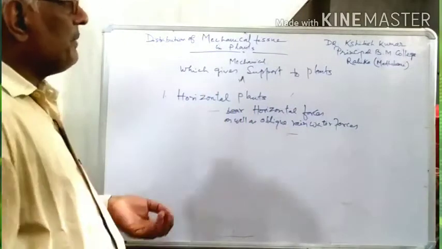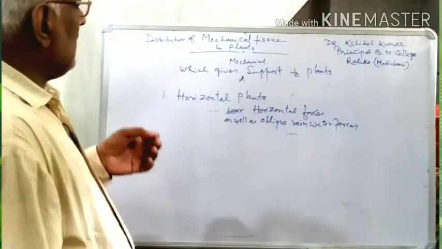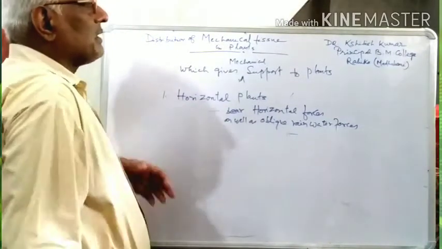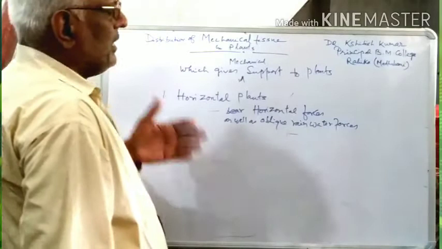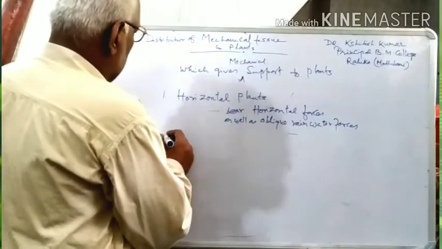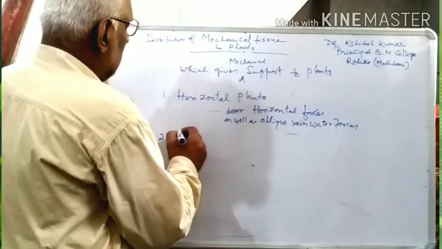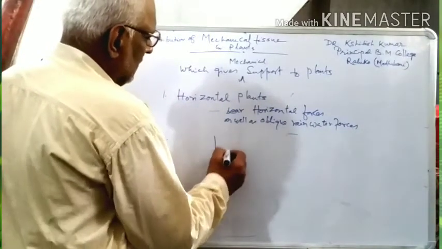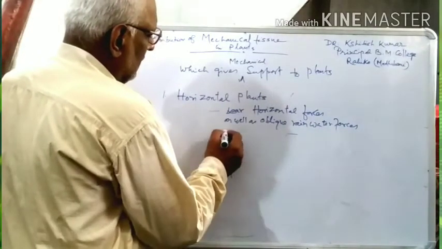The next type of plants are longitudinal in nature, that is, erect plants that grow upward.